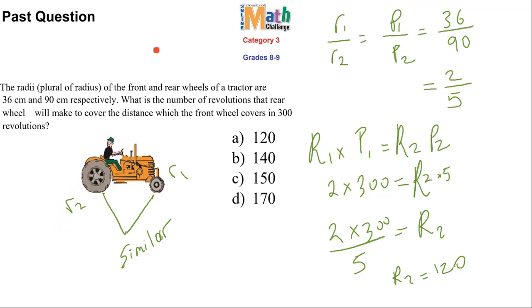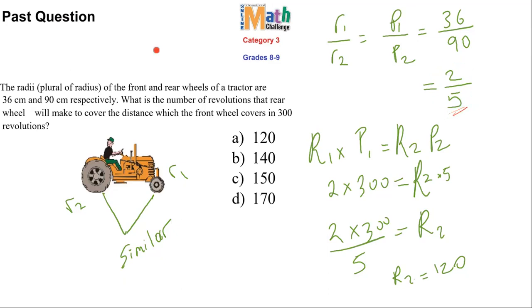So the question is related to perimeter of these 2 circles, but perimeter is a length, so the ratio of radius equals the ratio of perimeter, because both of them are length. So if we want to find the perimeter ratio of these 2 circles, we just divide the radius values. And after we simplify, we see that the perimeter ratio of small circle to big one is 2/5.